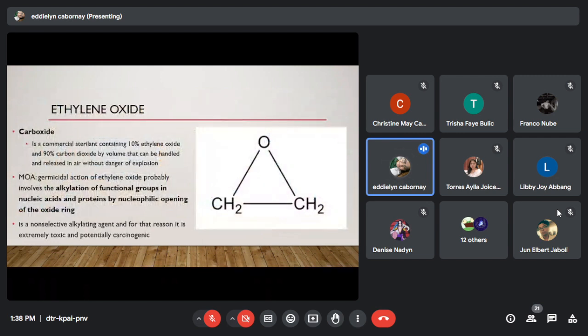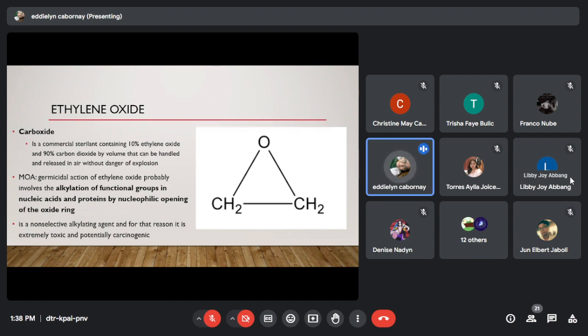So ethylene oxide again. We have the carboxide. It is a commercial sterilant containing 10% ethylene oxide and 90% carbon dioxide by volume that can be handled and released in air without danger of explosion. So what is the mode of action of ethylene oxide?